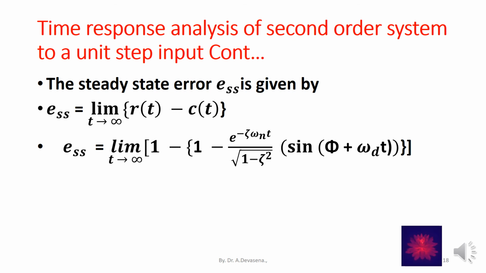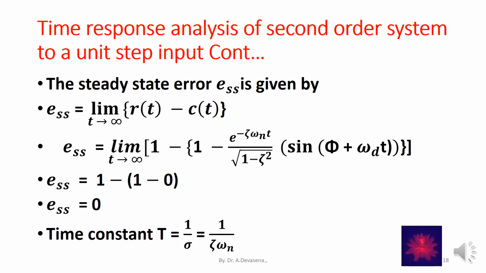So substitute the value of r of t and c of t, and the steady state error becomes e suffix ss is equal to limit t tends to infinity, open bracket, 1 minus, open bracket, 1 minus e power minus zeta omega n t divided by square root of 1 minus zeta square sin of phi plus omega d t, close brackets. That is e suffix ss is equal to 1 minus 1 minus 0. So the value of ess is equal to 0.